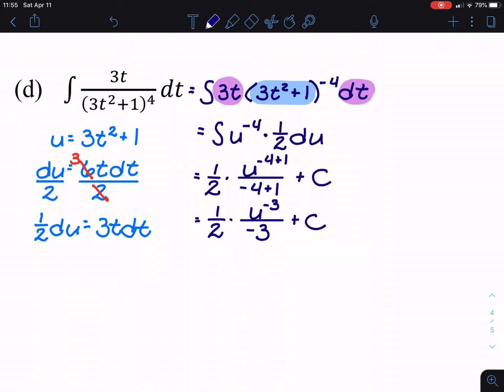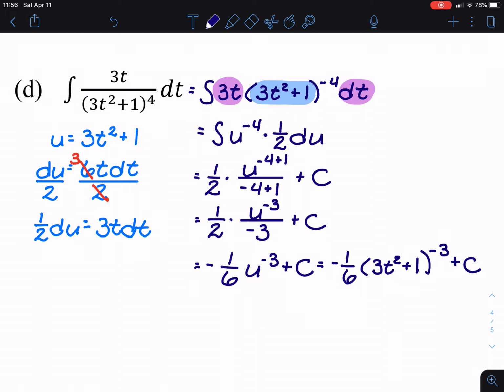So now I have 1/2 times 1 over -3, so I have -1/6 u to the -3 plus c. Finally, I am going to replace u with the function it's equal to. So -1/6 times 3t squared plus 1 to the -3rd plus c.